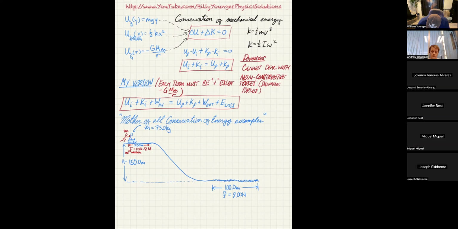Okay. So that's that. But then at the end of that 100 meters, there is a smooth, frictionless surface on which the child is able to slide. But get this, there is a spring-loaded wall that the child will run into.